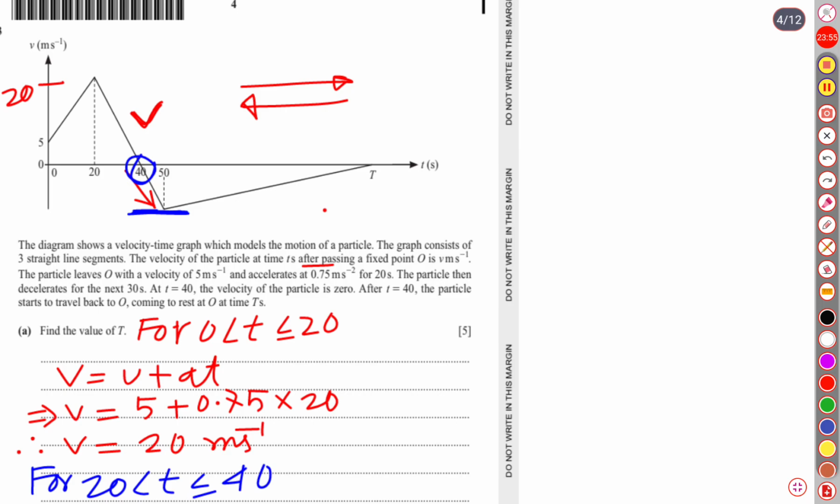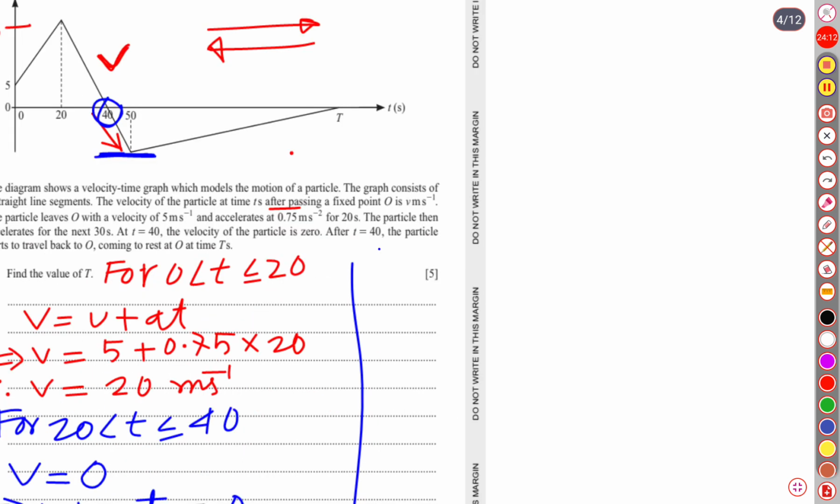So we will have to write for 40 until 50 seconds, our V is equal to the same concept.